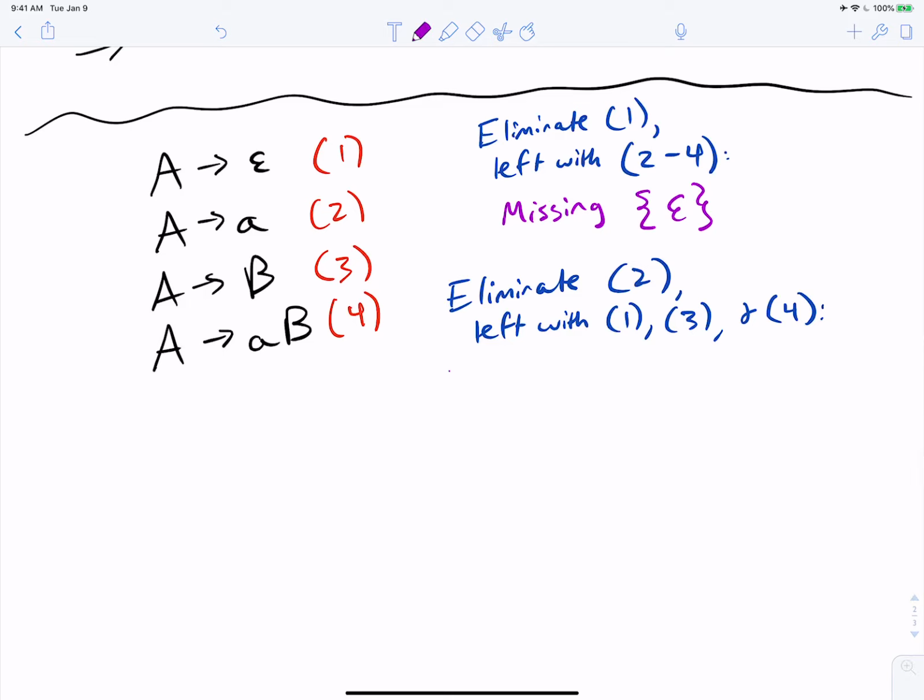So the way to think about this type of question is to simulate A goes to little a. So how do we simulate that rule with any of the other rules? So what would we do here?